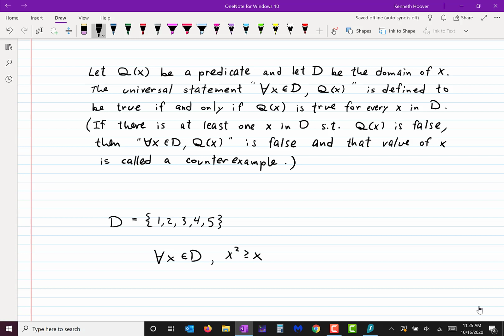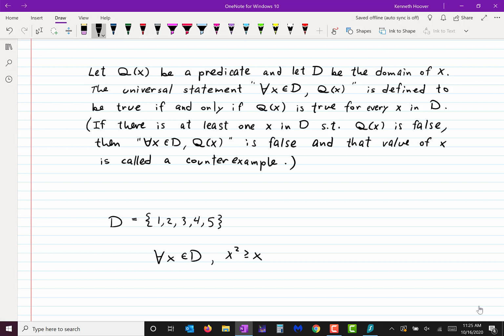You could just check. Is 1 squared equal to or greater than 1? Yes, it is. Is 2 squared equal to or greater than 2? Yes, it is. 3 squared equal to or greater than 3? Yes. And 4 squared is equal to or greater than 4, and 5 squared is equal to or greater than 5.